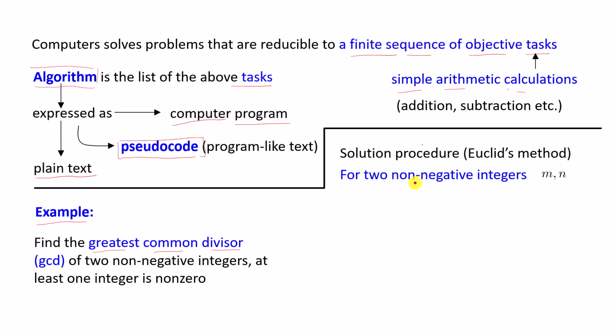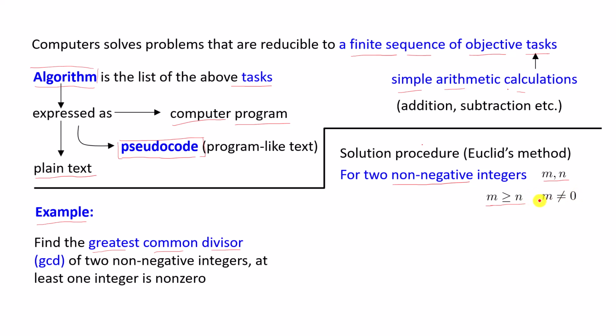Let us say we have two non-negative integers, m and n, and m is greater than or equal to n, and m not equal to 0. Which means if m not equal to 0, then n could be either 0 or positive.